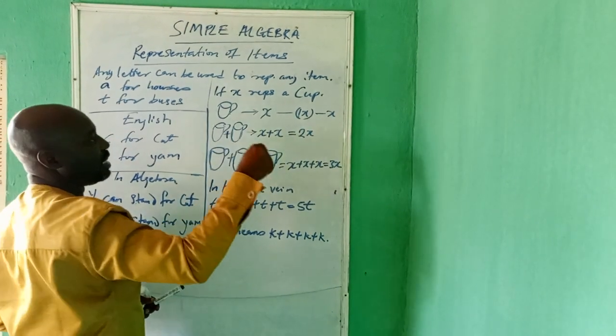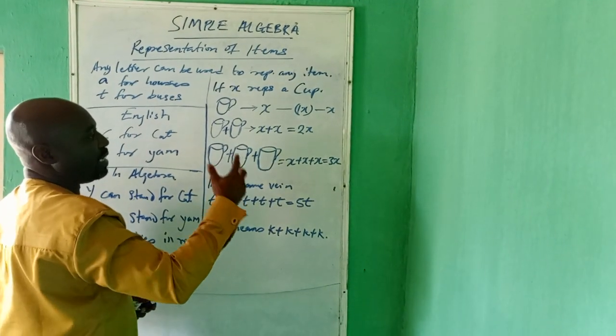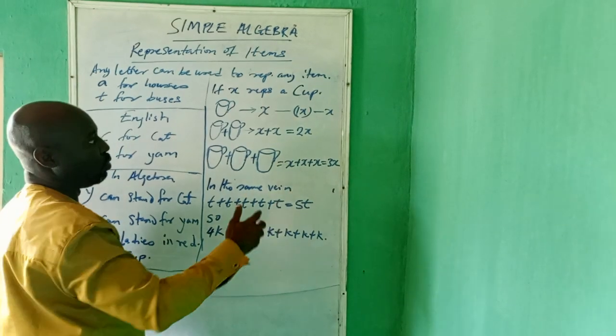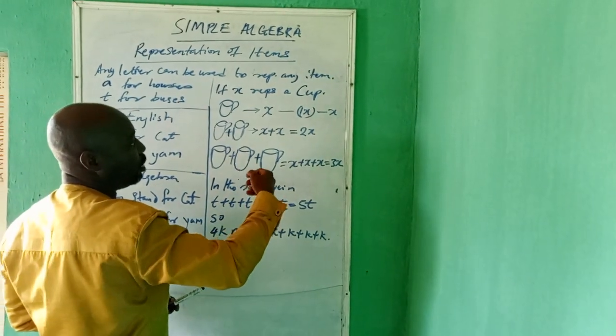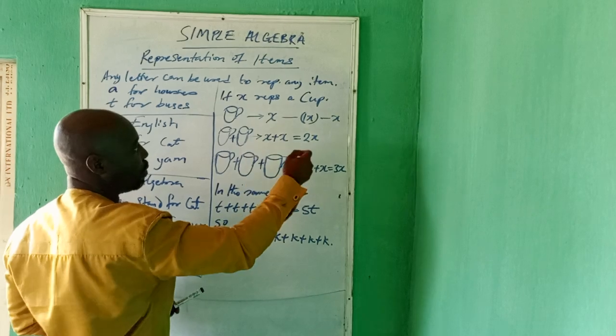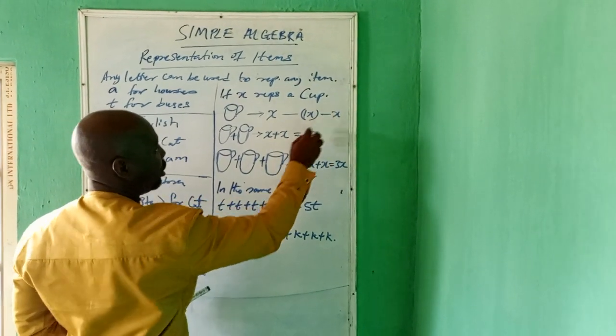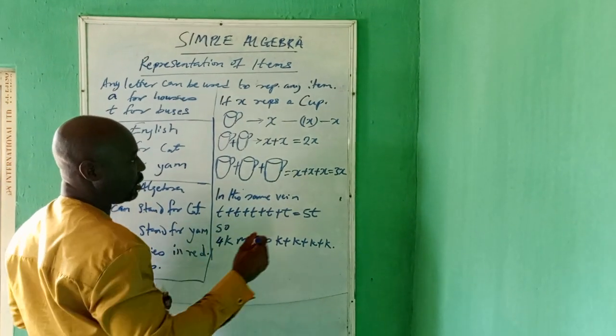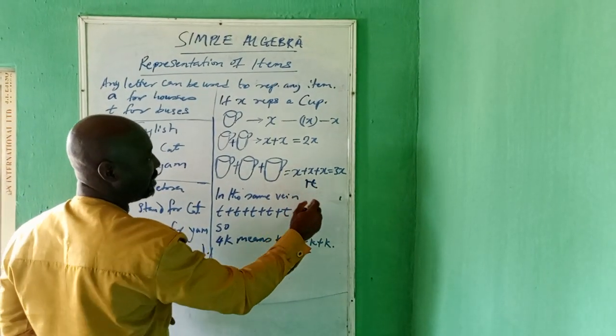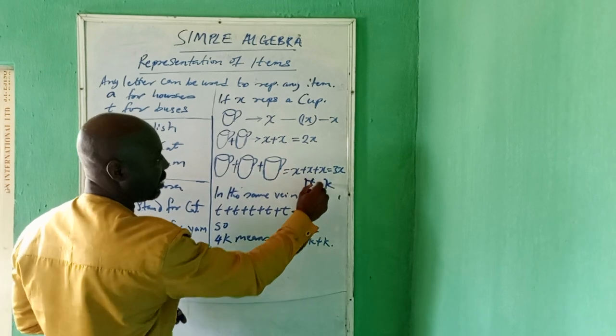Just as in your English language, we talk about a cup, 2 cups. Most times we don't say 1 cup, but a cup. That's also in maths, we don't talk about 1X, but X. If you talk about T, we talk about T, not 1T, K, not 1K.